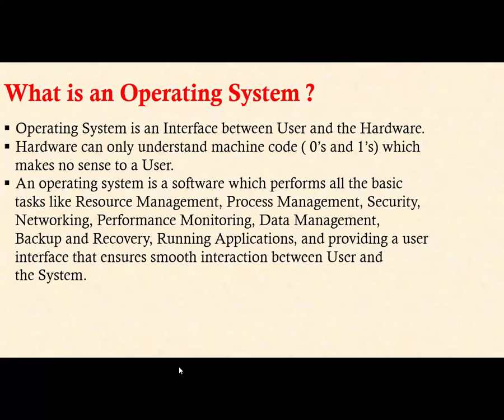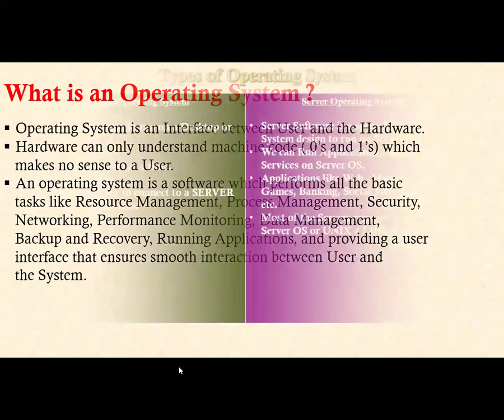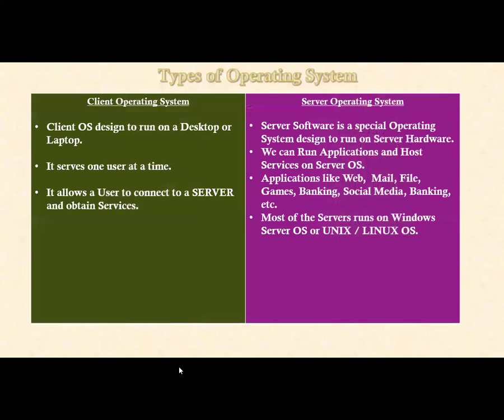So let us try to see the different types of operating systems that we have, and let us try to compare them. Then only can we understand why Linux is so much in demand. If you go and see in detail, there are two major types of operating systems. One is the client operating system, and the other is the server operating system.